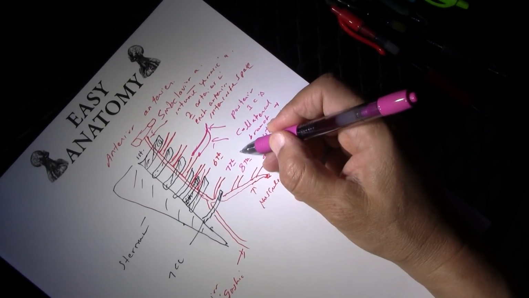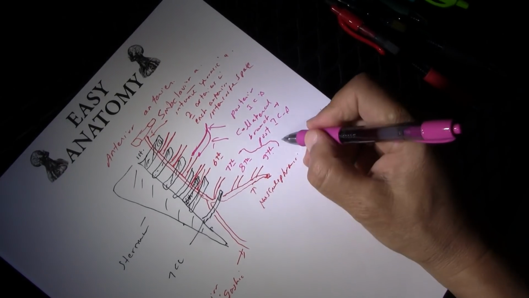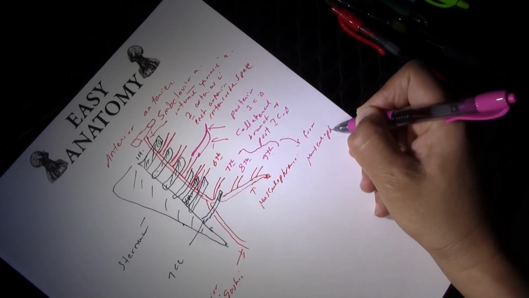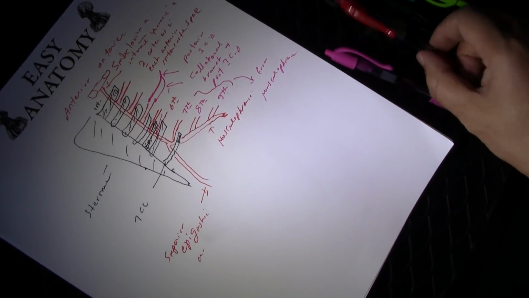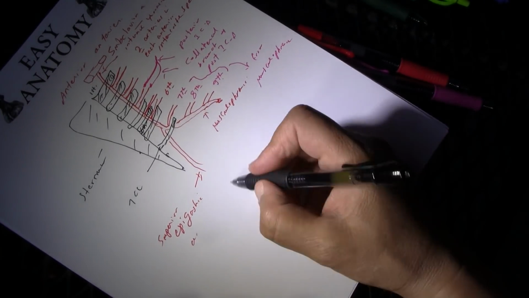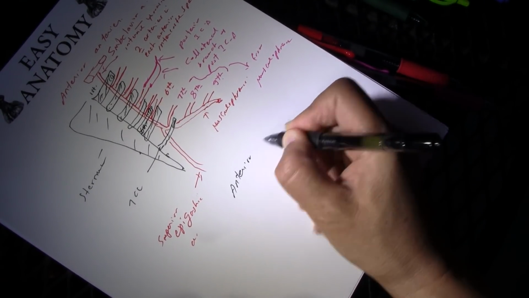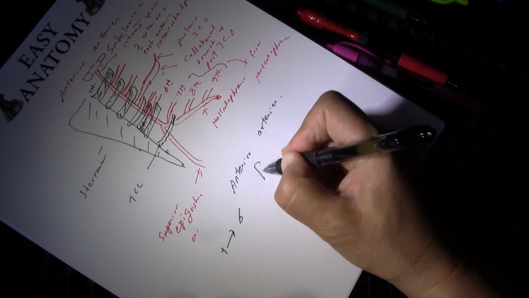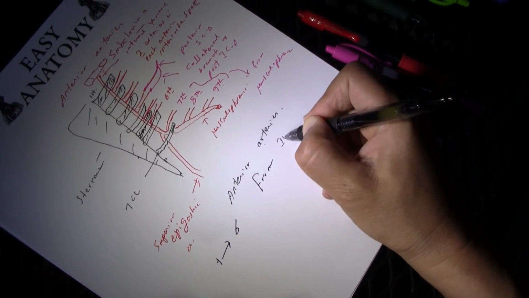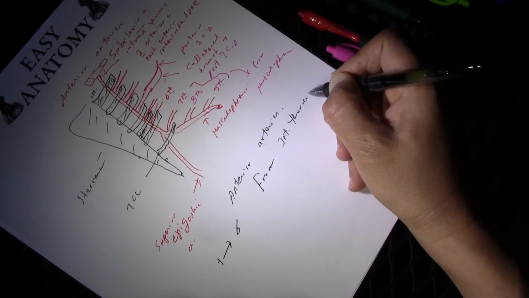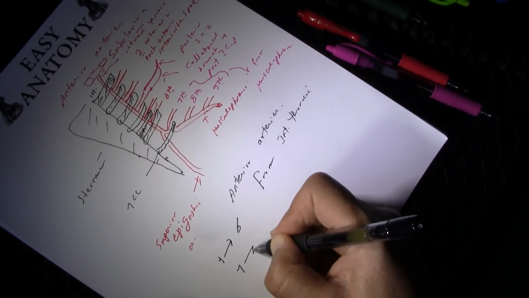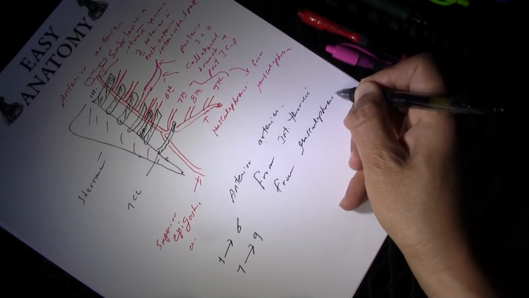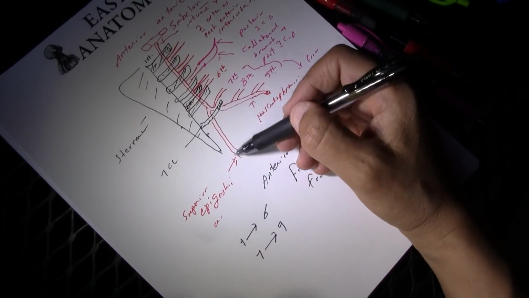So those 3 anterior intercostal arteries are coming from the musculophrenic. So in summary, the anterior arteries from 1 to 6 come directly from the internal thoracic, and from 7 to 9 from the musculophrenic.